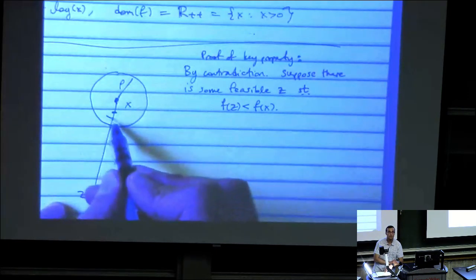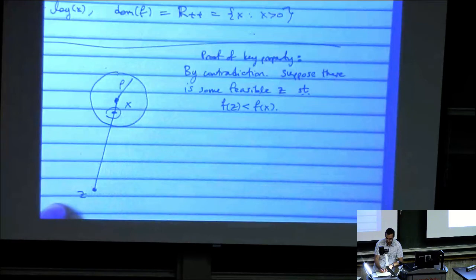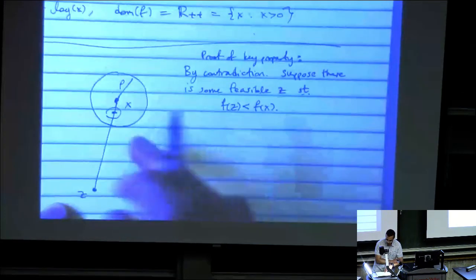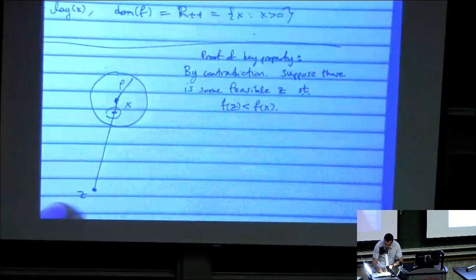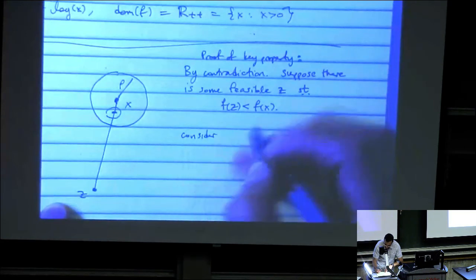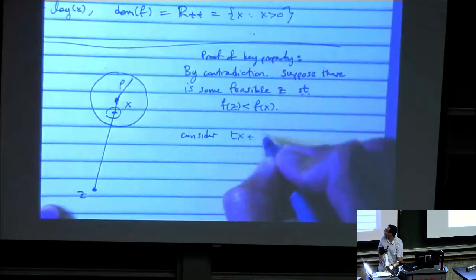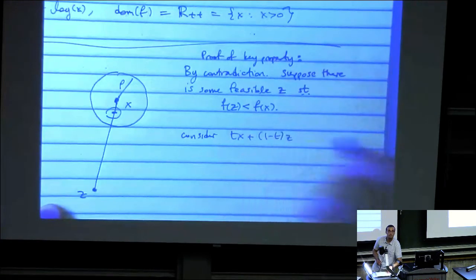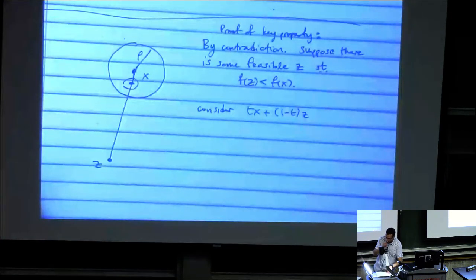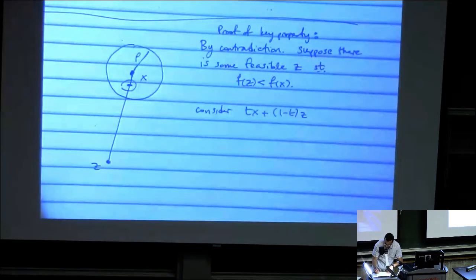And that's going to be our contradiction because x is optimal within this ball. Okay, so let's consider t x plus 1 minus t z, for some t between 0 and 1 that we're not going to specify yet. Let's call this y.